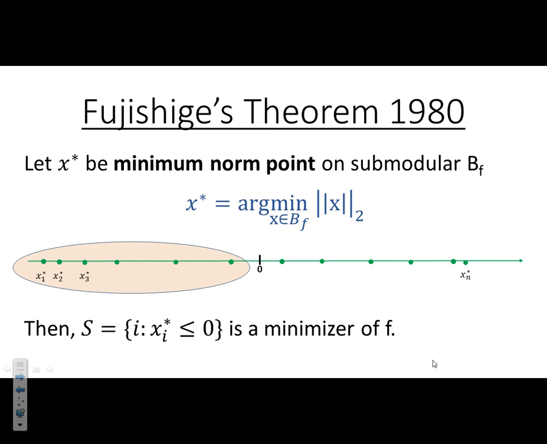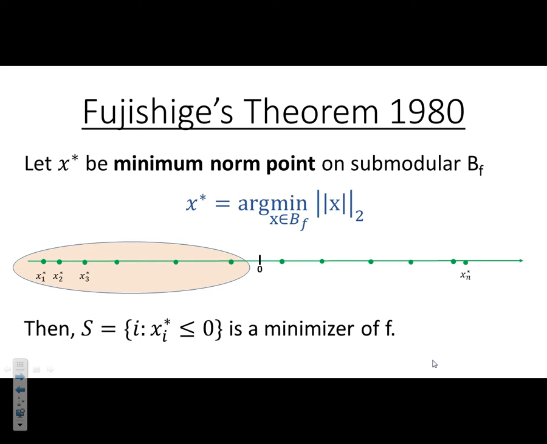Order x* so that x*_1 is at most x*_2, up to x*_n. Just look at the negative x values, and that set is a minimizer. In particular, you show that for this salmon colored set, the function value is equal to the total x value here. That will be the certificate that this set is the minimizer.